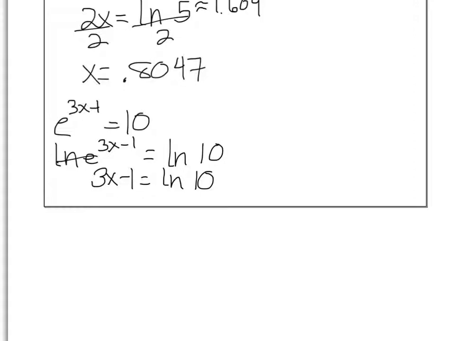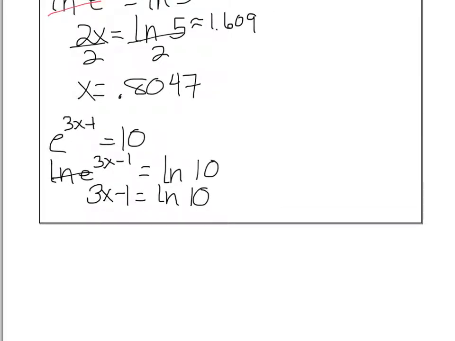So we'll write the approximates, but just don't cancel it in your calculator. So the natural log of 10 was 2.3026, because that 5 rounds up.